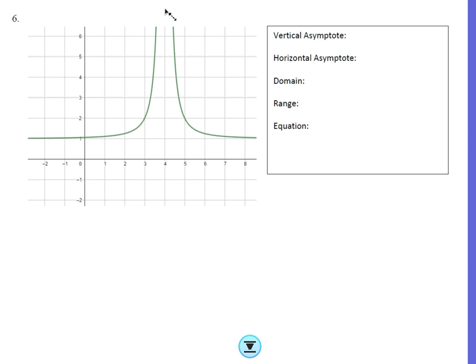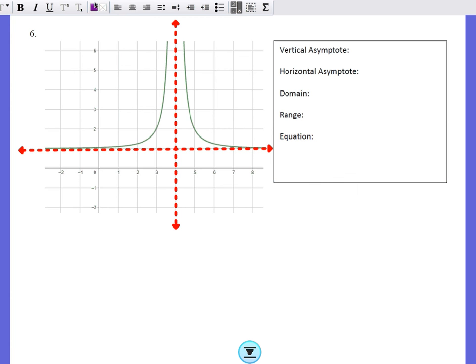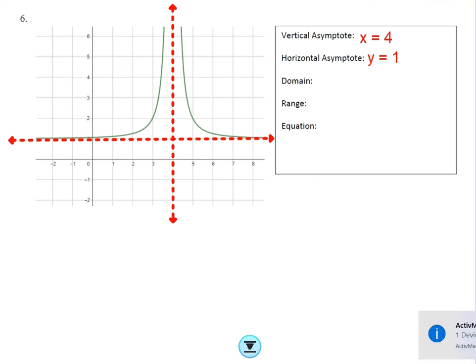And then for number 6, we will go ahead and put in our asymptotes here. X equals 4, y equals 1. Vertical asymptote, x equals 4. Horizontal asymptote, y equals 1, and then we'll talk about domain and range. For our domain here, this would be x does not equal 4, but our range, since this is a transformation of 1 over x squared, the range would be y is greater than 1.